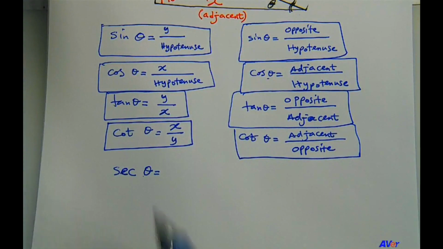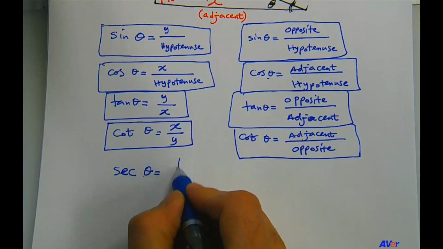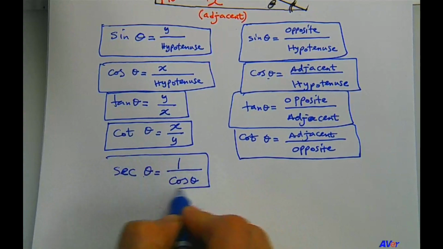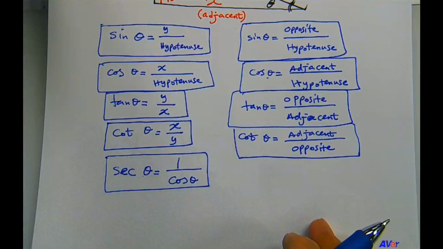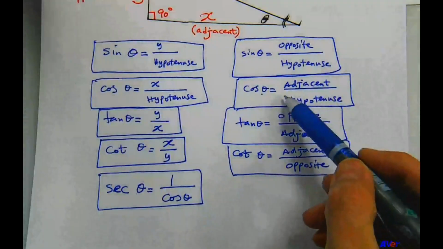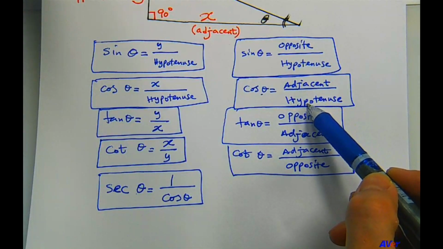Secant of theta is equal to 1 over cosine theta. But the cosine function was equal to adjacent divided by the hypotenuse, right?